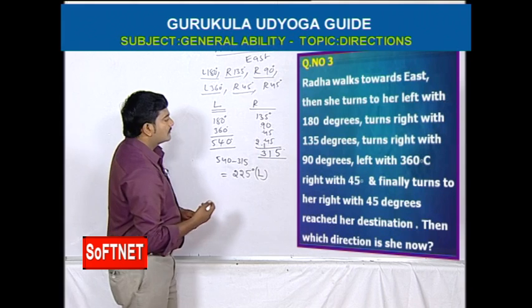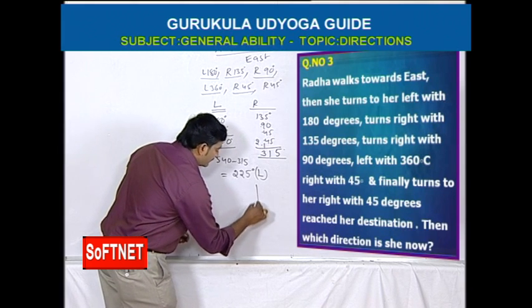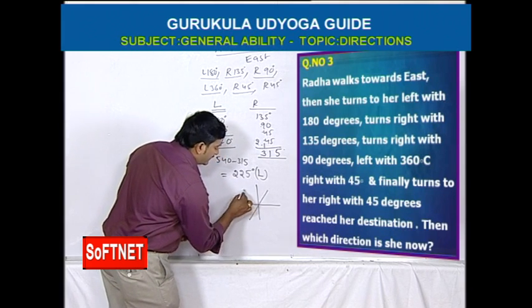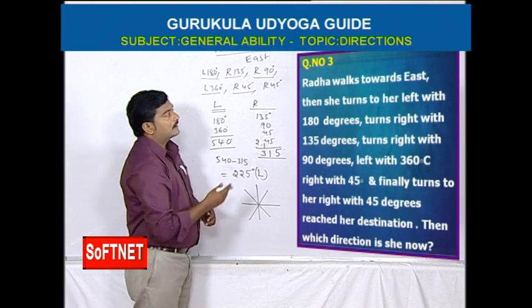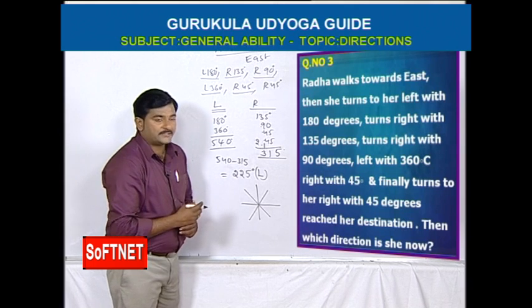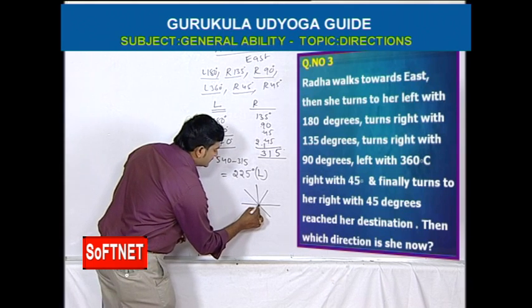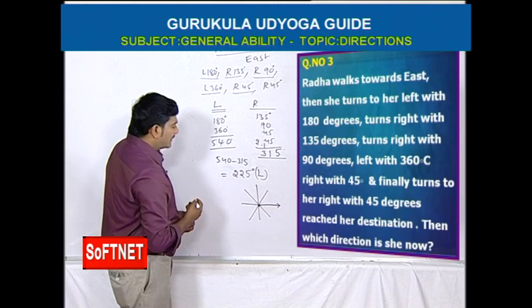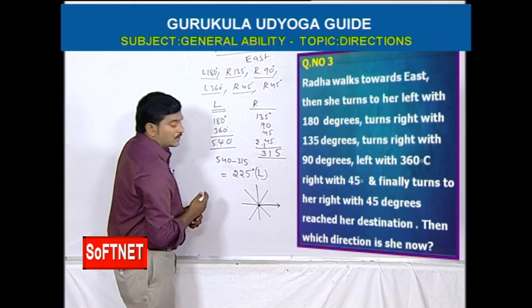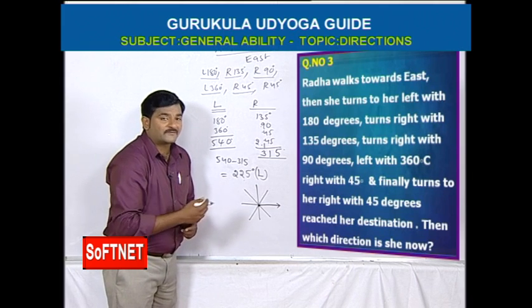To know that, we will again take a rough diagram. Let's say I am taking all 8 directions. First, Radha walks towards east, right? So for example, here Radha is there, walking towards east. Okay, there is no issue. For this, how many degrees do we have to apply? 225 degrees. From which side?